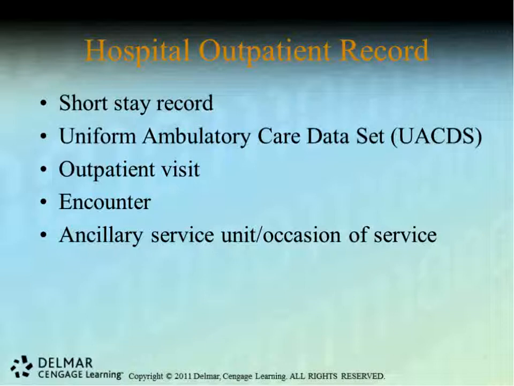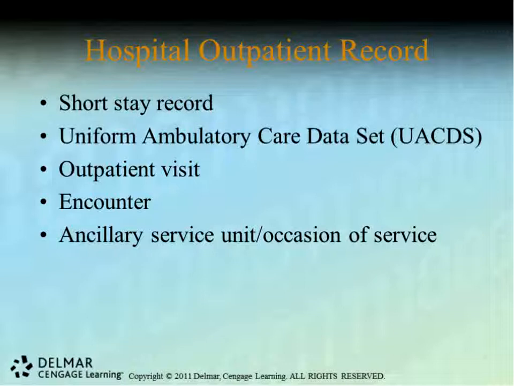They say a lot of times in your short stay record, you can see all of that on one double-sided form. Figure 631 on page 189 is an example of a short stay record for hospital outpatient. Emergency room records are considered a hospital outpatient record.